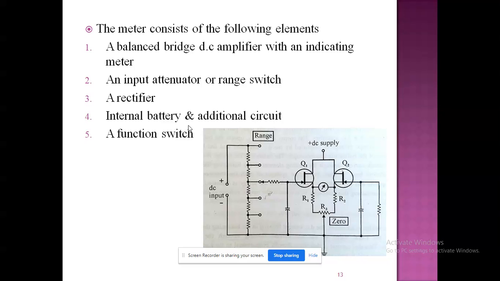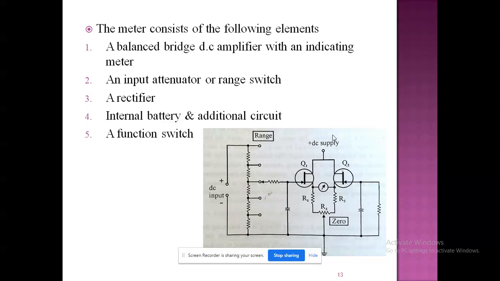Now, if we look into the schematic diagram here, a balanced bridge DC amplifier consists of two field effect transistors Q1 and Q2. These two transistors Q1 and Q2 are matched for current gain in order to ensure thermal stability of the circuit.